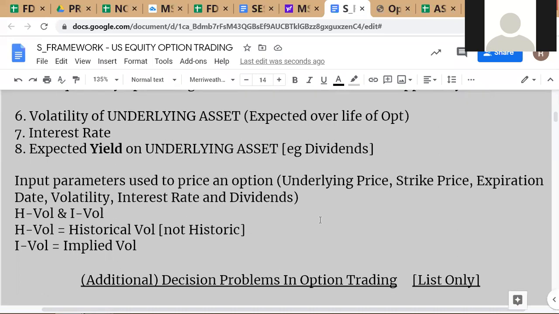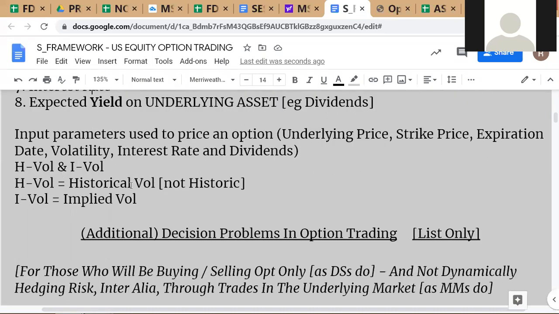H vol is historical vol, and I vol is implied vol. Again, I'm not going to use these very big words every time. I will just say H vol and I vol. So every time I say that, you should remember implied volatility. At least here we can write this properly.